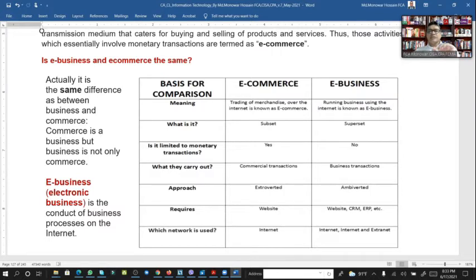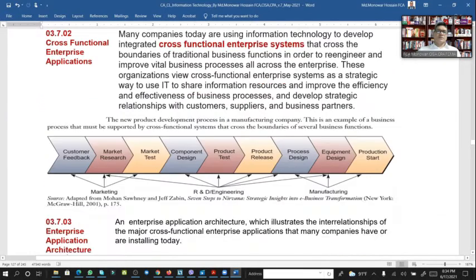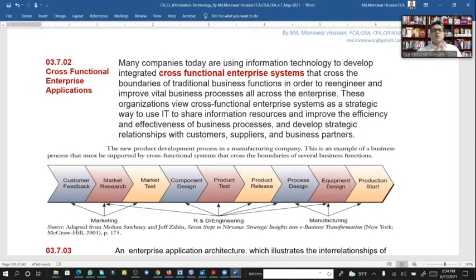E-commerce uses the internet, and e-business uses the internet, intranet, and extranet. All networks are used within e-business. So this is the basic difference between e-commerce and e-business, and e-commerce is a part of e-business. Now, cross-functional enterprise approach.